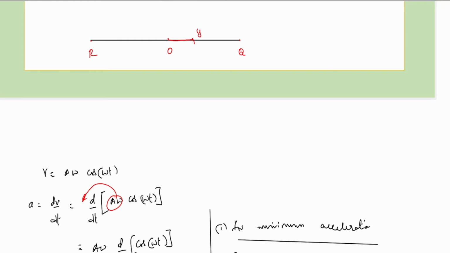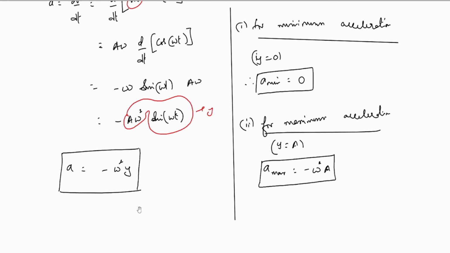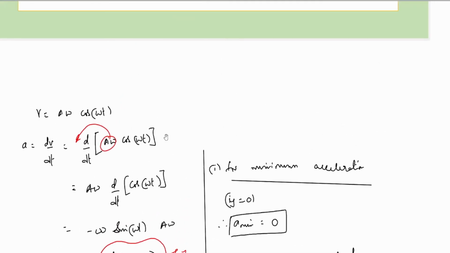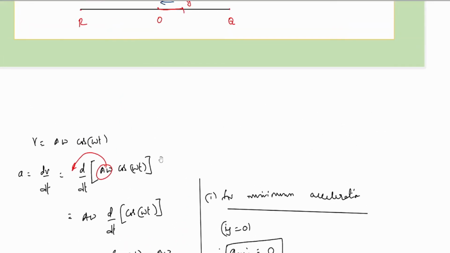When y is increasing, the acceleration or the force is towards the mean position. So here y is increasing, but the force is against the displacement. That's the reason the sign is negative. So mathematically, a minus sign means that a is opposite to displacement. This is what we define as simple harmonic motion. We define S.H.M. as a motion where the acceleration is directly proportional to the displacement and opposite to the displacement.